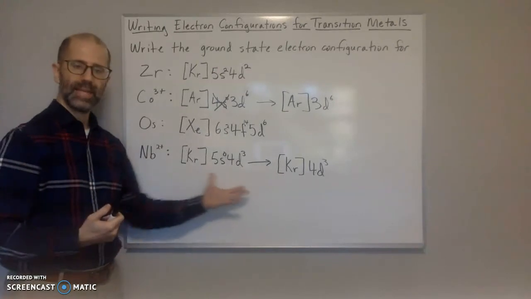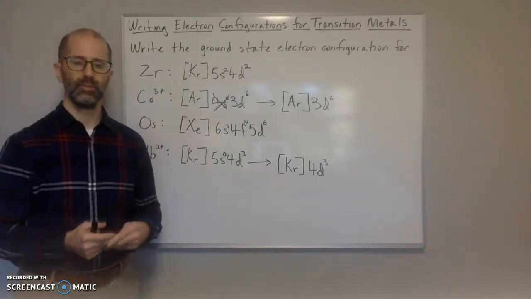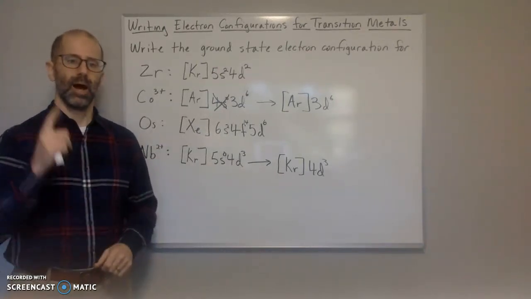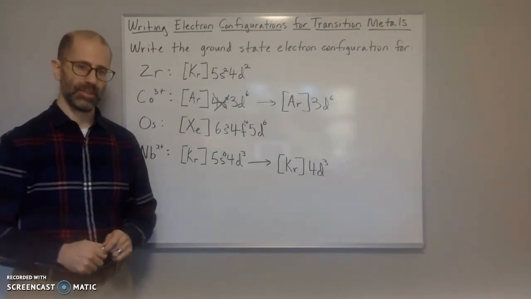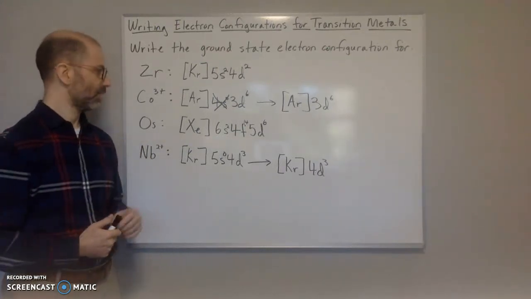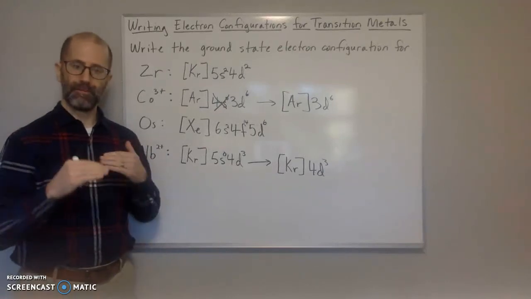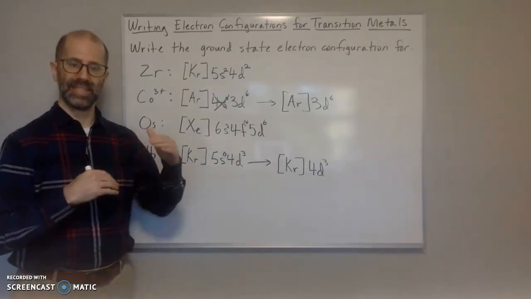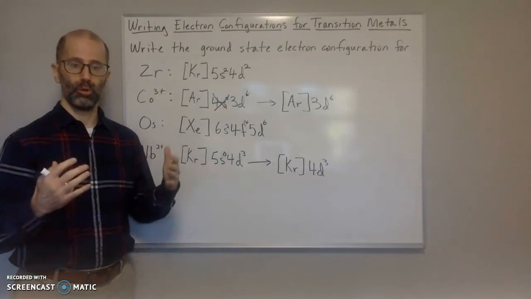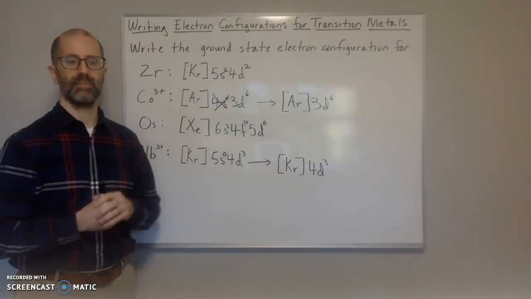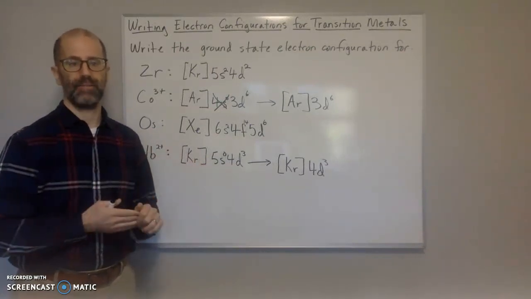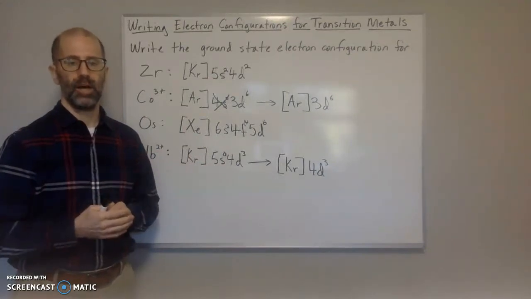Okay, so that's how you write the electron configurations for your transition elements. Be aware of the exceptions, because the half-filled D sublevel and the full D sublevel are more stable than not having a half-full or full sublevel.